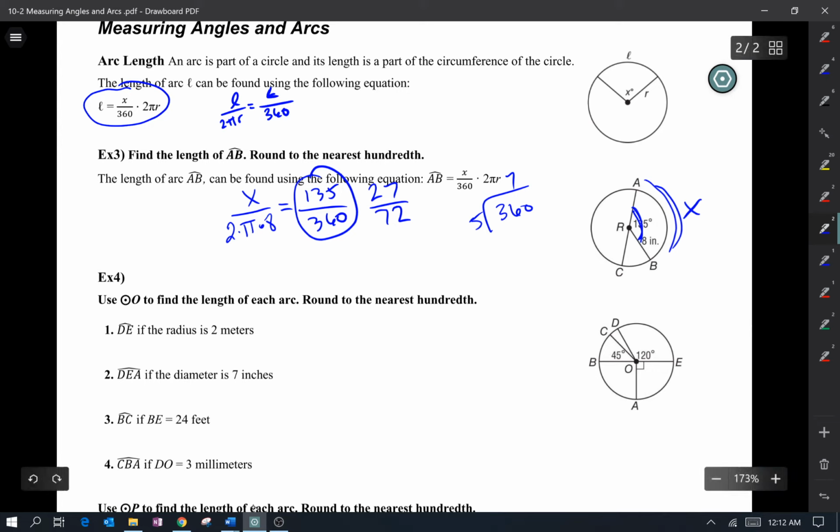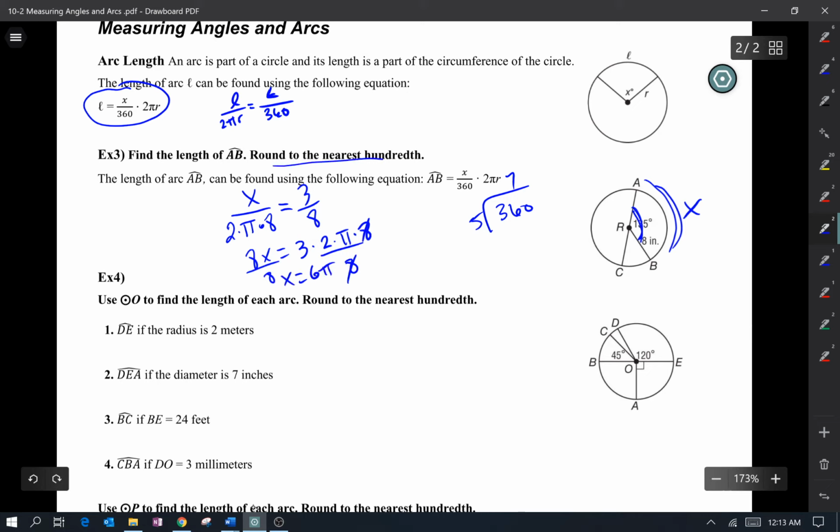So I think you get 3/8, right? Divide these both by 9. You get 3/8. All right, so this is basically 3/8. All right, cross multiply, 8x equals 3 times 2 times pi times 8. Divide both sides by 8, knock off the 8s. You're left with x equaling 6 pi.